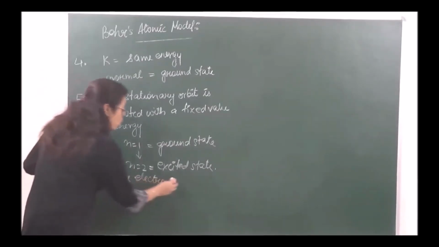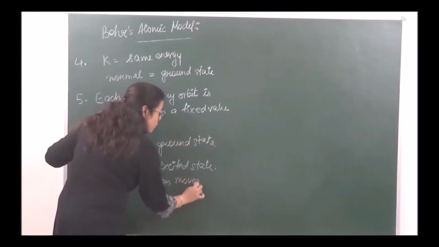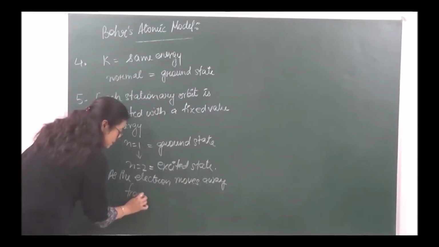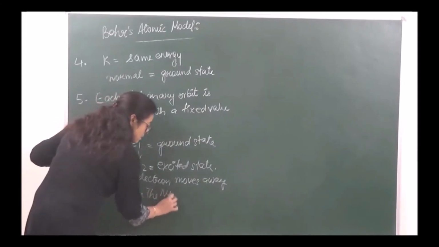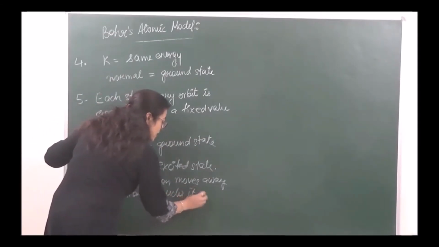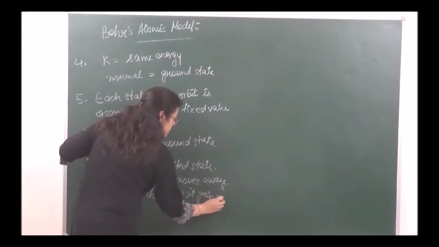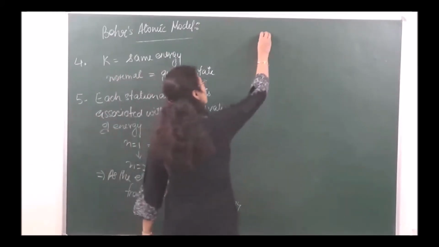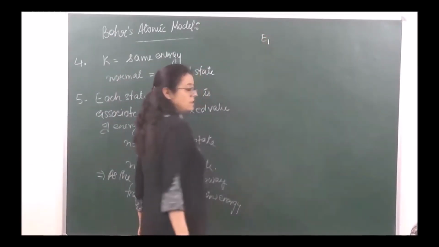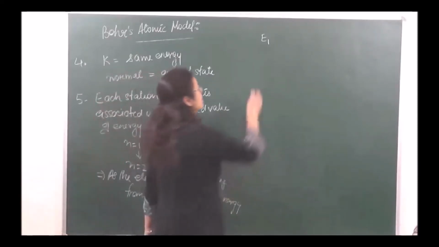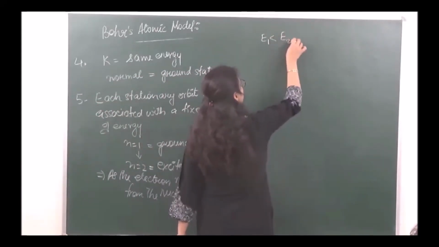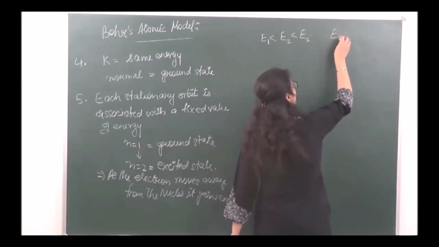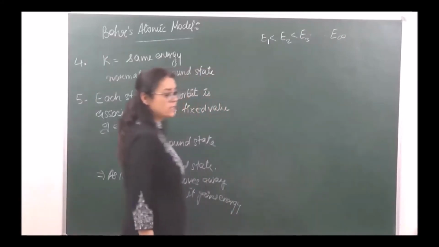As the electron moves away from the nucleus, it gains energy, which means that the energy of E1, the first orbit, is minimum, then the energy of E2, then the energy of E3, and so on, and the energy at infinity is highest.